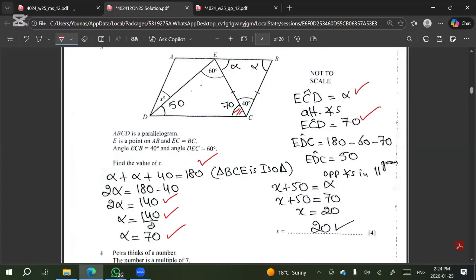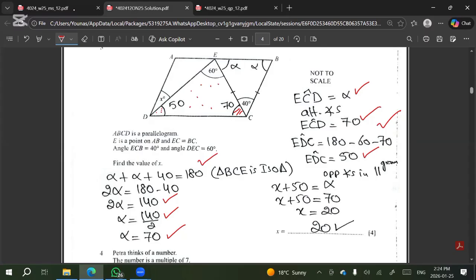Then in this triangle, I will try to find out this angle. So angle EDC will be equal to 180 minus 60 minus 70. So EDC angle will be 50. Opposite angles in the parallelogram are equal to each other. Angles in the opposite corners are equal to each other.